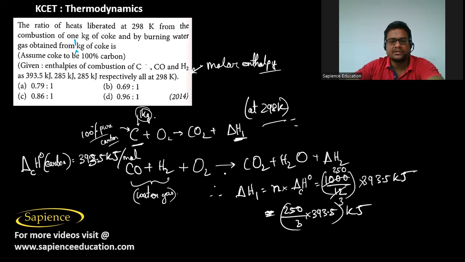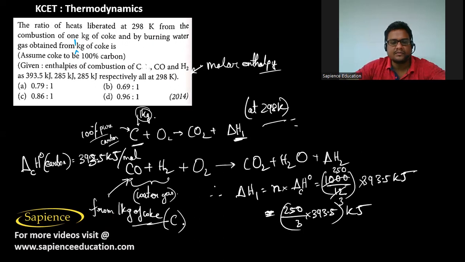So in the next reaction, what is happening here, from coke, water gas is obtained first. This water gas is obtained from 1 kg of coke. So it means from 1 kg of carbon, CO plus H2 is obtained. So the number of moles of carbon should be same as the number of moles of the water gas which is obtained.